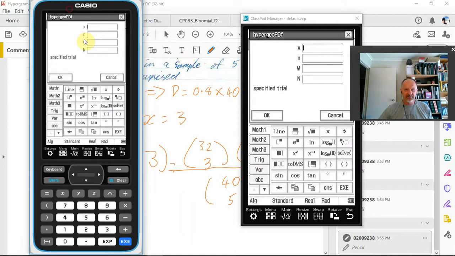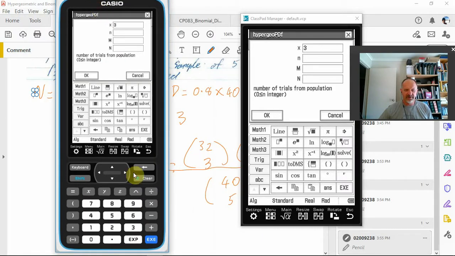X is 3, by the looks of it, and N was 5, our sample. It tells you the number of trials from the population, so the sample size, 5 of them. Number of successes, so the number that are immunised in the population, so there's 32 of them.